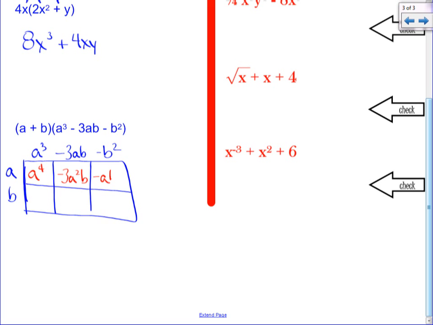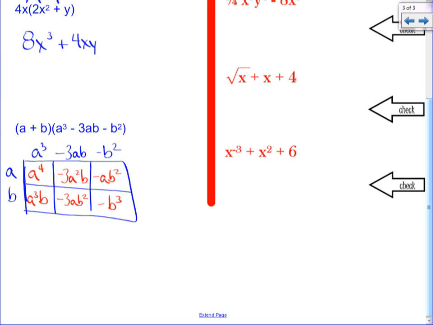Negative ab squared. Okay. This one? Negative b cubed.